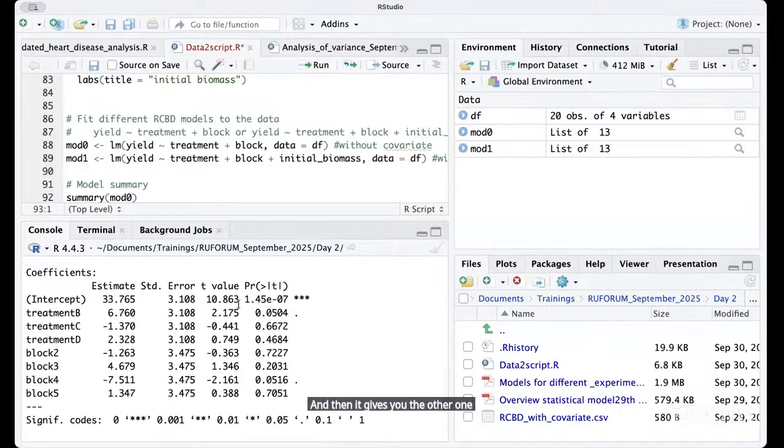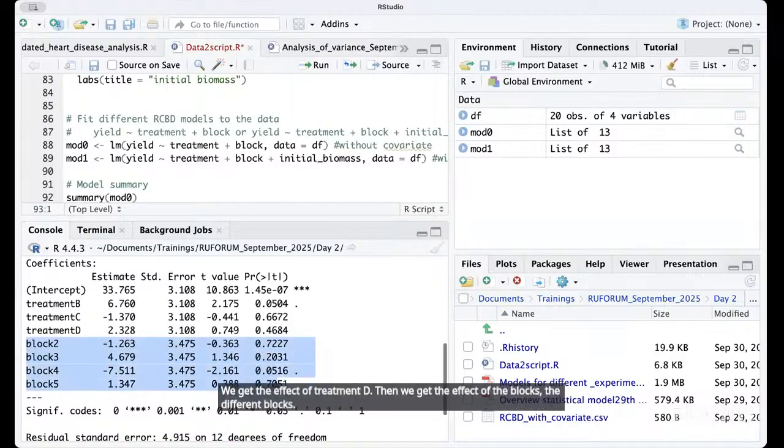Now, when we come to the model here, we get our intercept, the effect of treatment B, treatment C, treatment D, and then the effect of the different blocks.